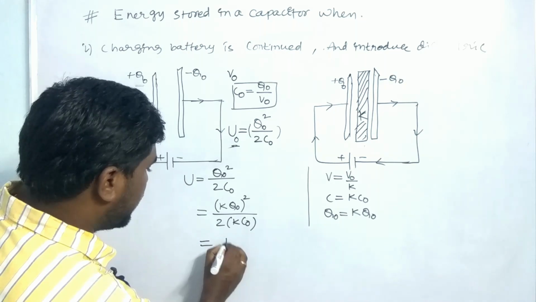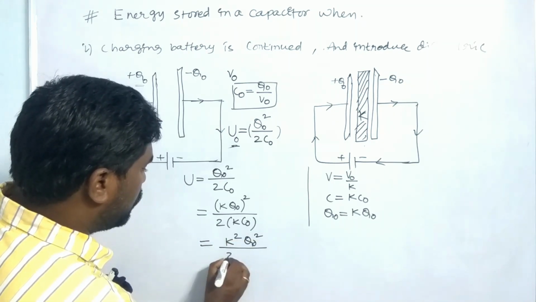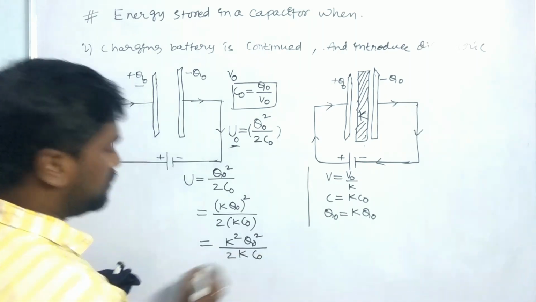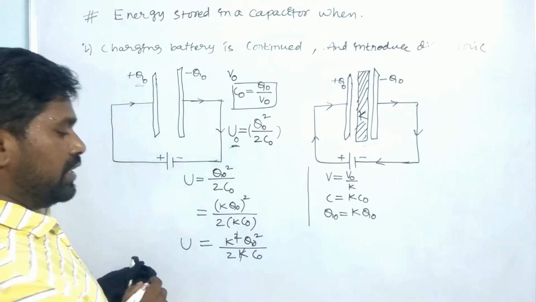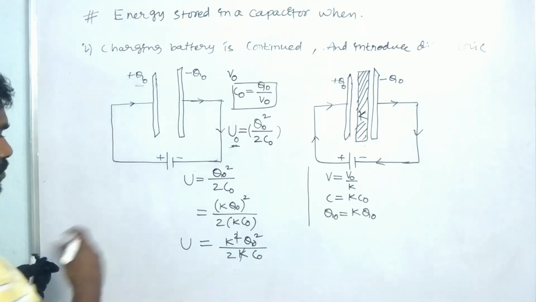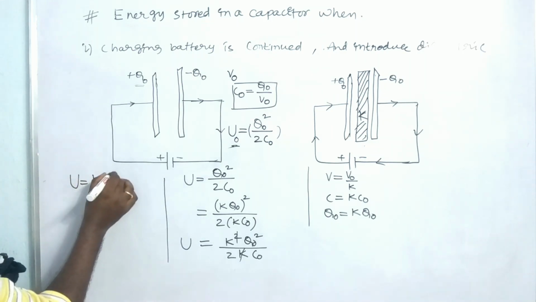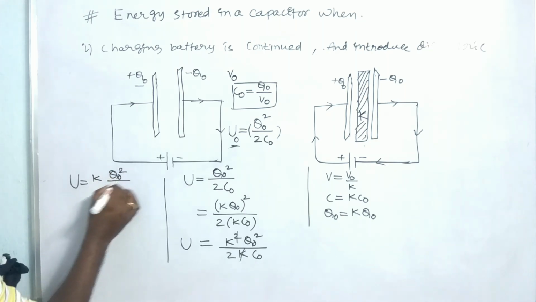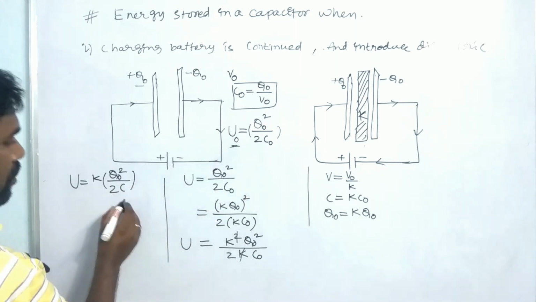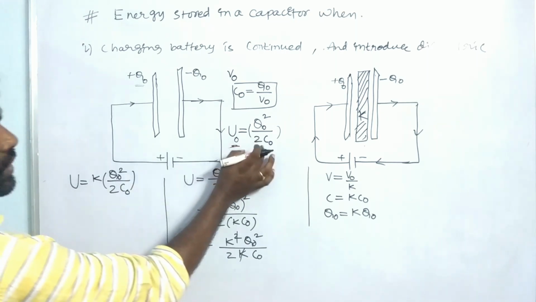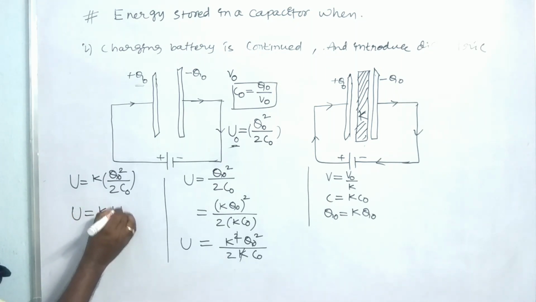It can be written as K square Q0 square by 2 into K into C0. The K square and K partly cancel out, so U is equal to K into Q0 square by 2C0. Q0 square by 2C0 is equal to U0. So U is equal to K into U0.